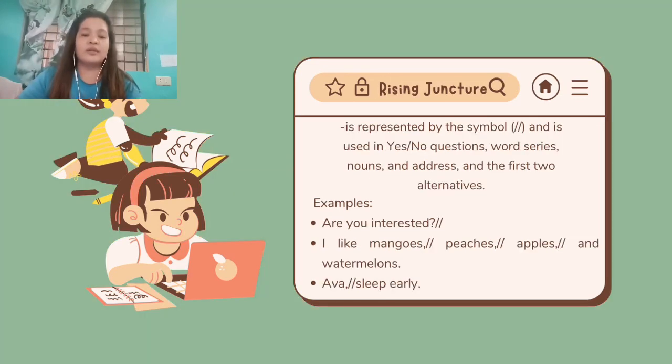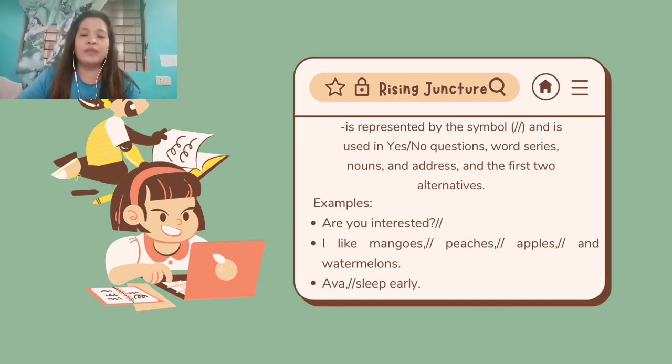Number two is rising juncture, represented by the symbol double backslash, o dalawang guhit na nakatayo. It is used in yes or no questions, word series, nouns of address, and the first two alternatives.